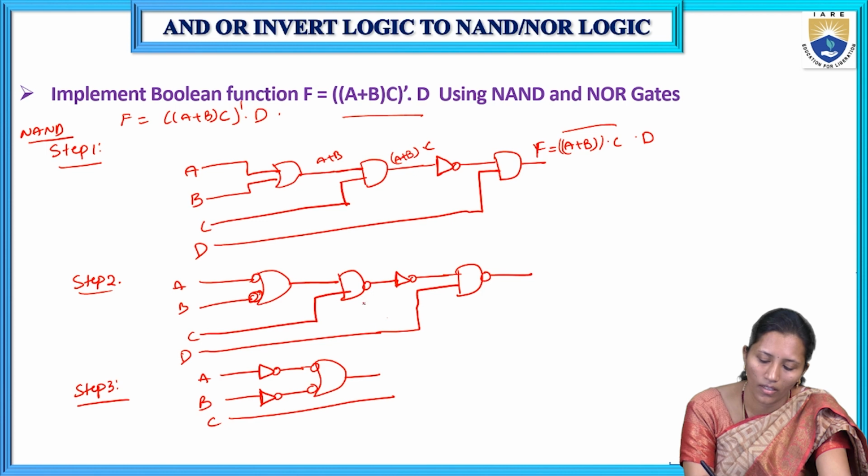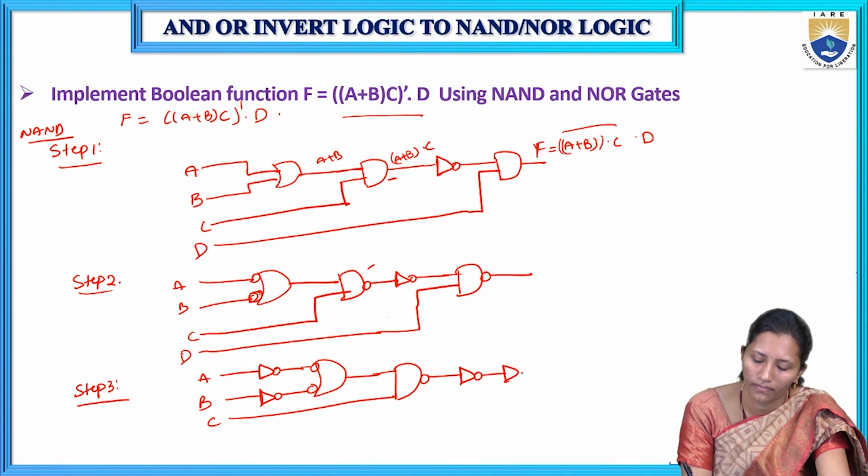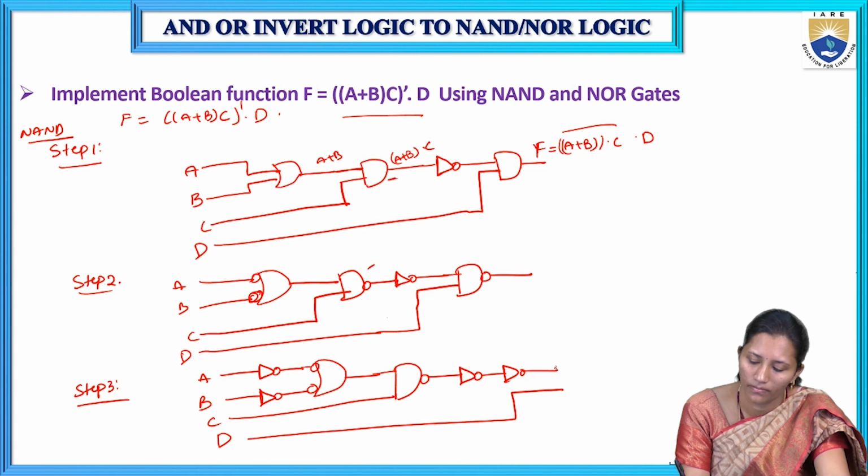For C, we didn't add any bubble in this line, so we give it directly to the AND gate. Here we added one bubble, so I add one inverter here. And in this line also we added one bubble, so add one inverter here.